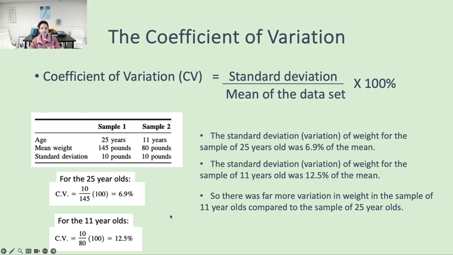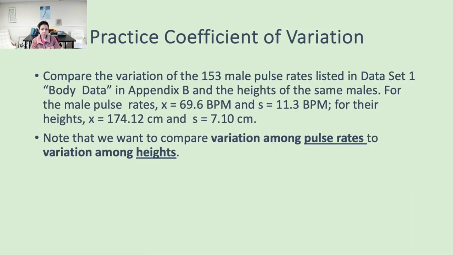So the standard deviation for the 25-year-olds was 6.9% of the mean, and for the 11-year-olds, the standard deviation was 12.5% of the mean. So there's a lot more variation in weight in the sample of 11-year-olds compared to the sample of 25-year-olds.